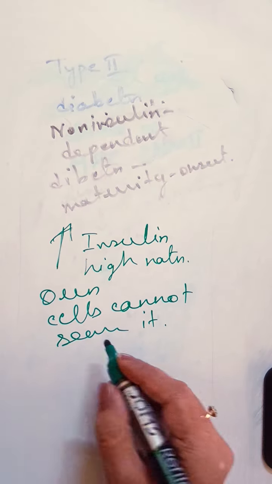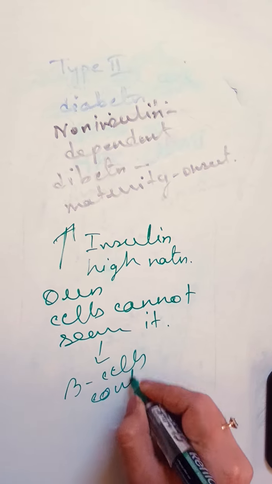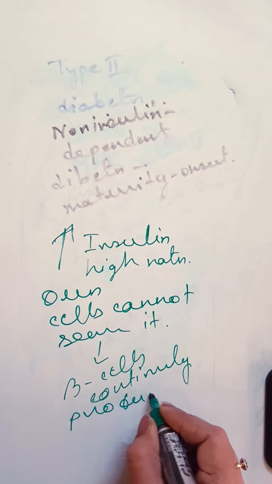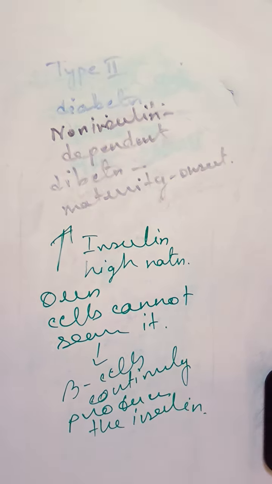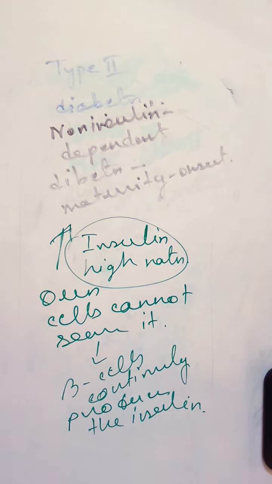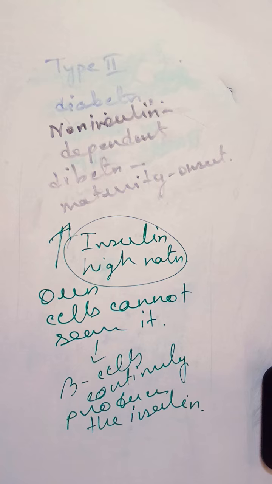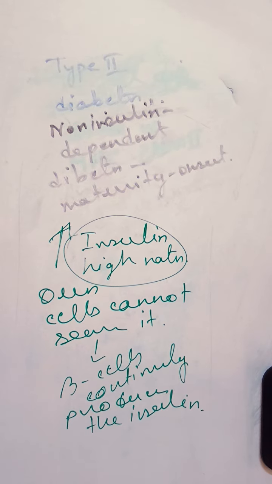And instead of that, what happens? Pancreatic beta cells continuously produce insulin on top of that. So there is already an increased insulin concentration in our body, and in addition to this, beta cells cannot sense it, and they will produce more and more insulin.